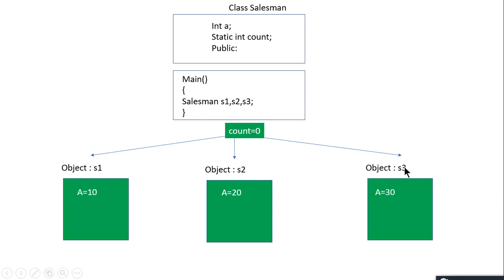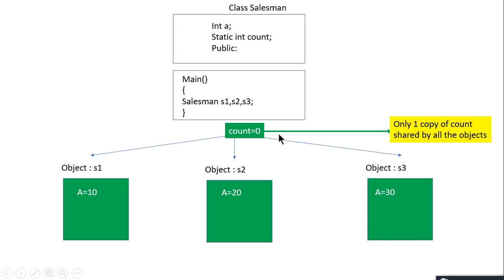Now let's say the S3 object changes its count value from 0 to 20, then the count values for S1 and S2 will also change. So only one copy of the count variable is created, since it is a static variable, and it is shared by all the objects.